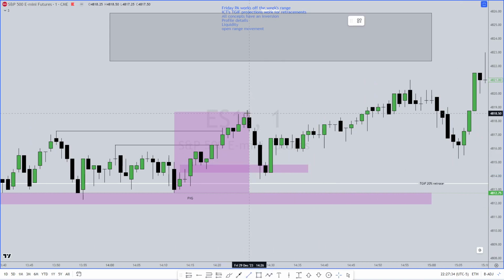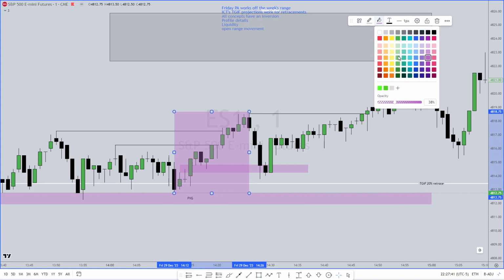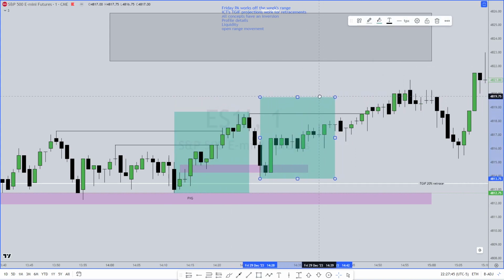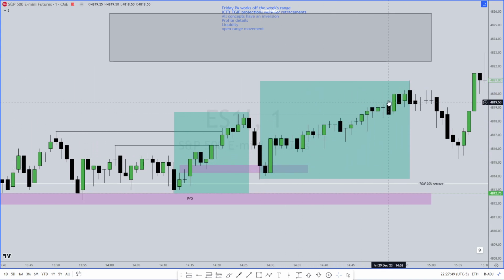So once this buy side is broken there, you're looking at the anatomy of this leg, and you're saying, what in this leg is my discount versus premium? I'm waiting for price to return to discount, which comes right inside this fair value gap.